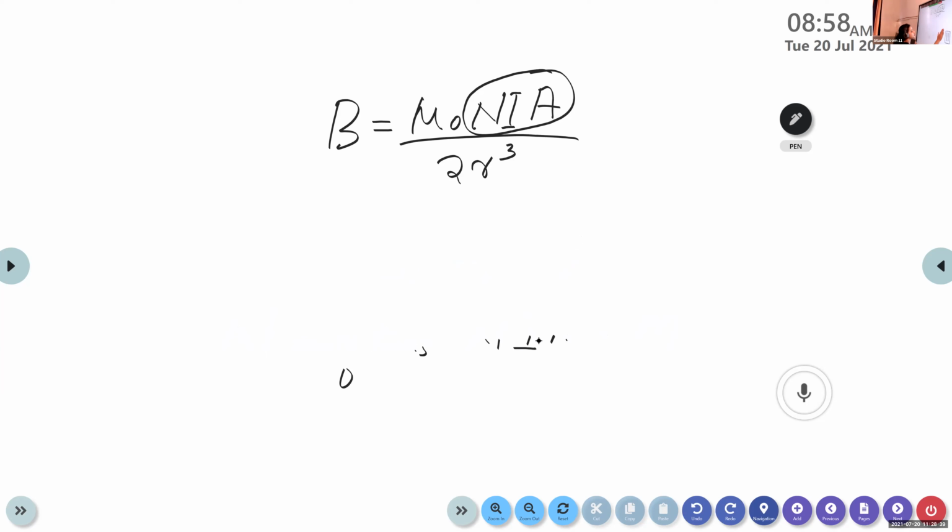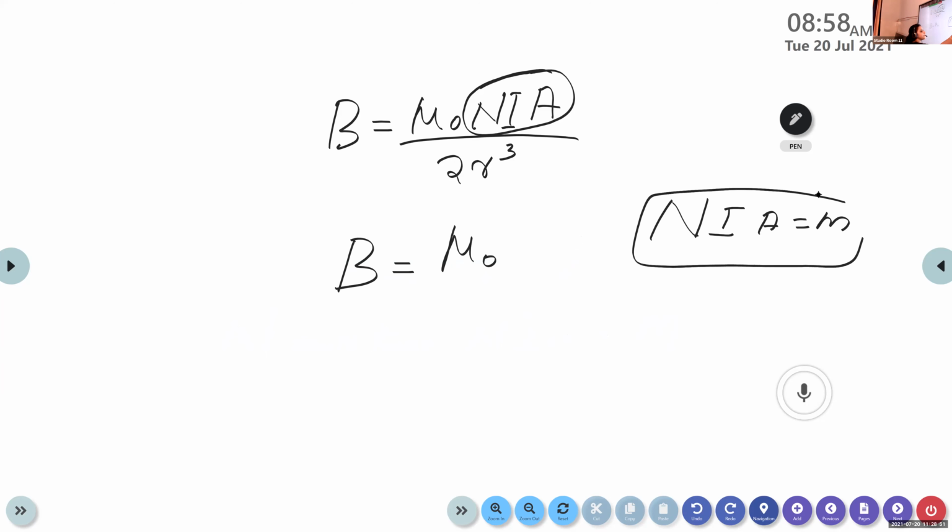So our equation becomes B is equal to mu 0, and instead of this term NIA, which represents magnetic dipole moment M, B is equal to mu 0 small m divided by 2r cube. So what about the pi?